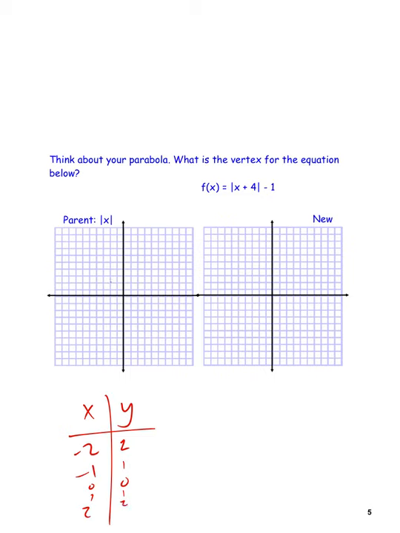So I'd have the point 0, 0, and then a point 1, 1, 2, 2, 3, 3, 4, 4, 5, 5, and so on. -1, 1, -2, 2, -3, 3, -4, 4, -5, 5. And so the graph of the absolute value of x looks like this. Okay? And that's something you'll be used to as you graph that more and more.